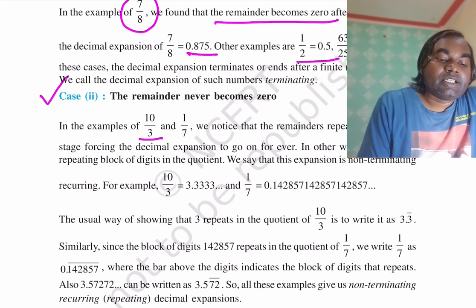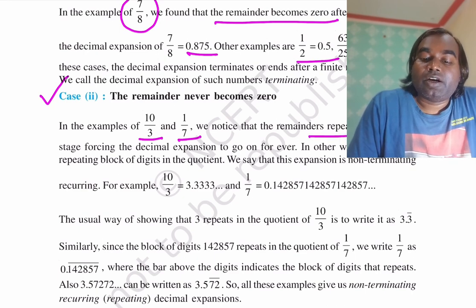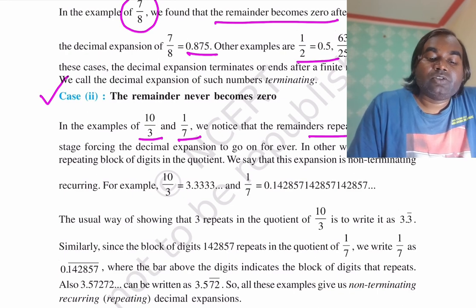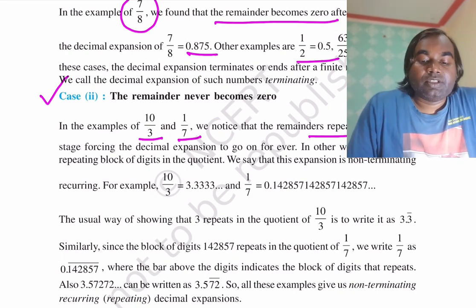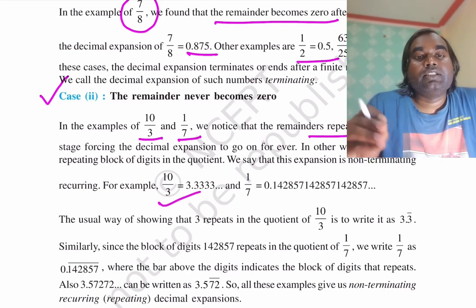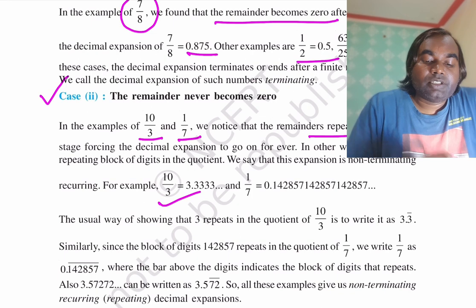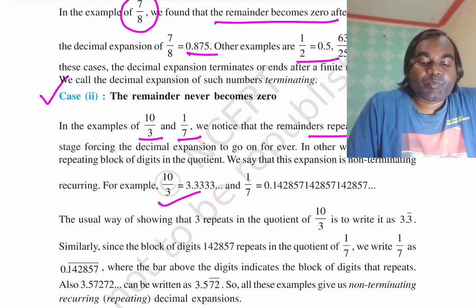For example, in the case of 10 by 3 and 1 by 7, we saw that the remainder repeats after a certain stage, forcing the decimal expansion to go on forever, with no ending. If you divide 10 by 3, you will get 3.33333333, and it will go on up to infinity.